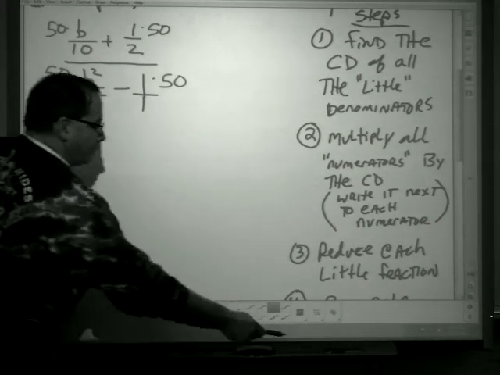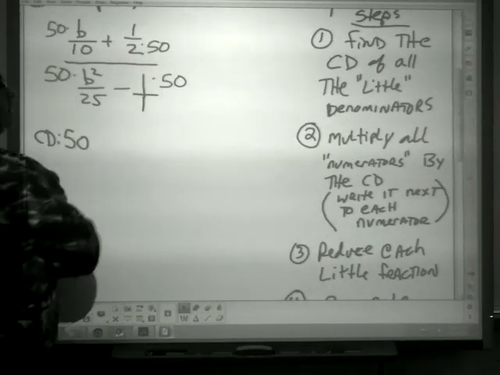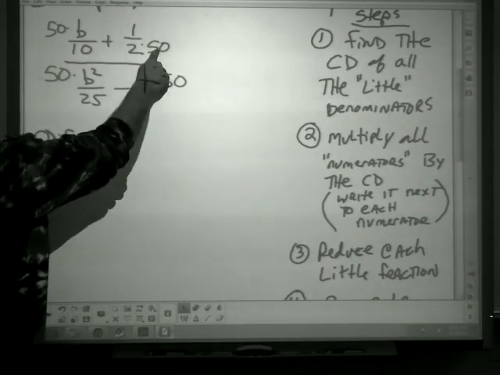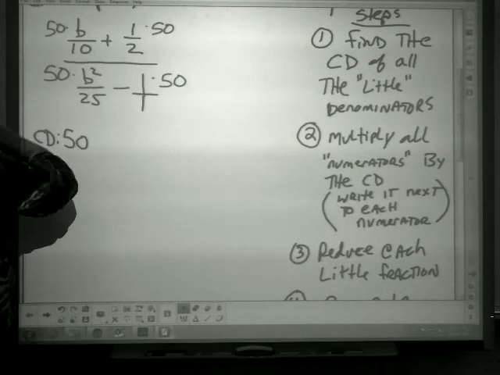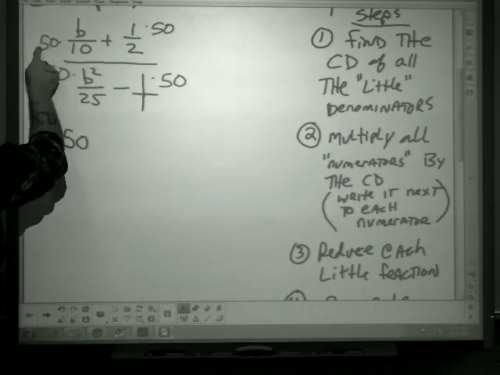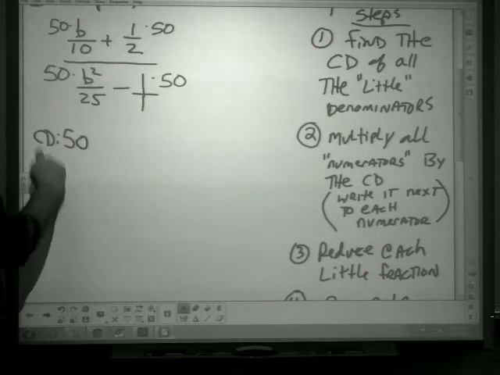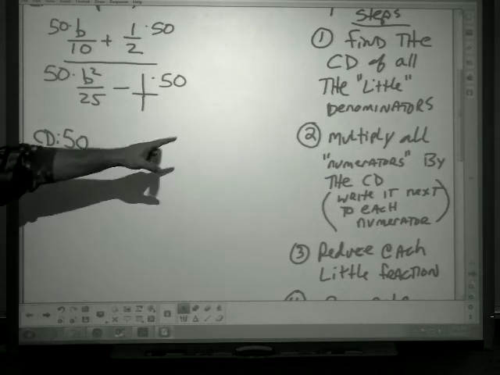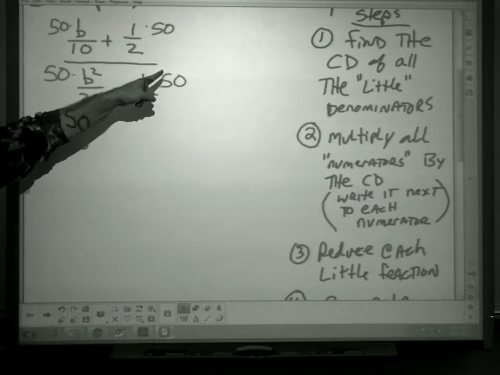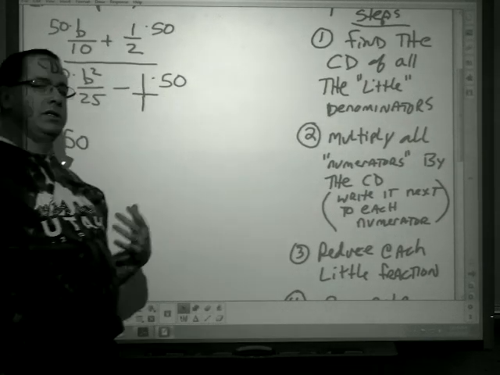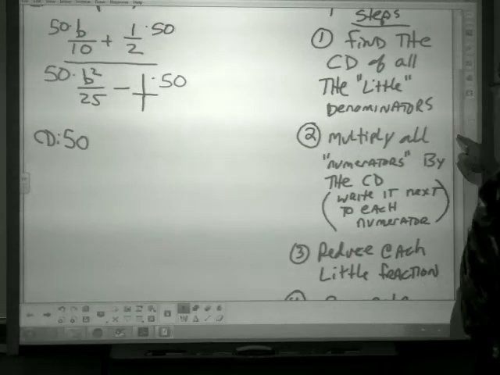So don't be sloppy and put it down here. It has to go up here next to the numerator. I'm actually not multiplying anything out yet. I'm just showing that I will multiply.